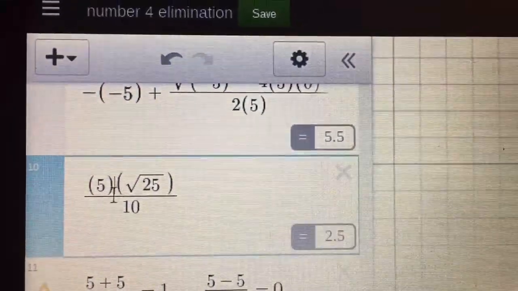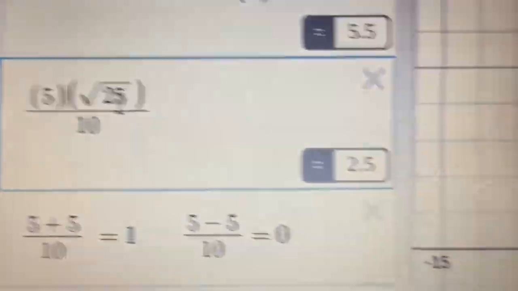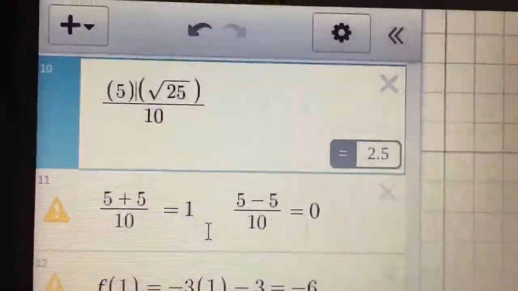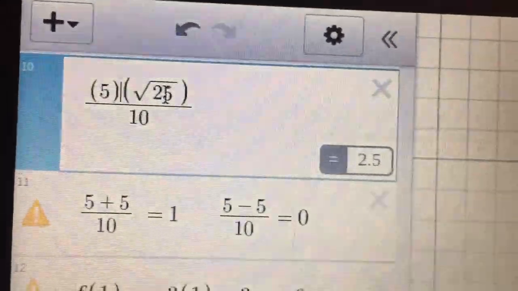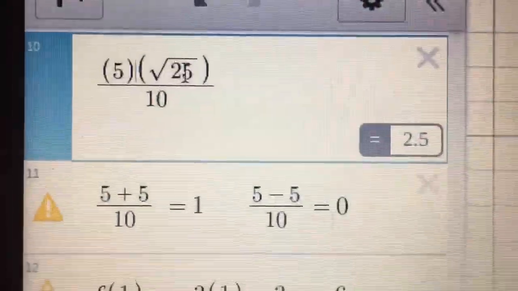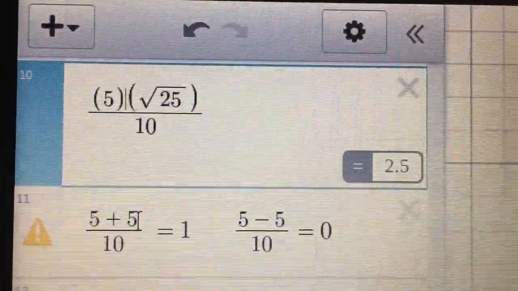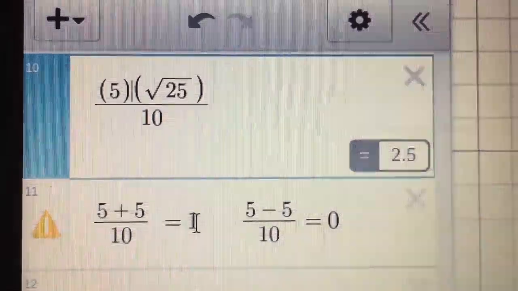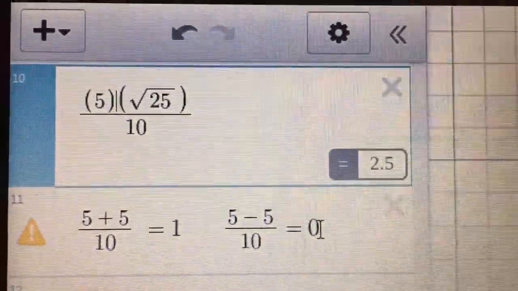That should be plus or minus the square root of 25, so please forgive me for that, sorry. So when we move down and take the square root, that would be 5, okay? The square root of 25 is 5. So then we would do 5 plus 5 over 10, okay? Which would give us 1. Then we would do 5 minus 5 over 10, which would give us 0.